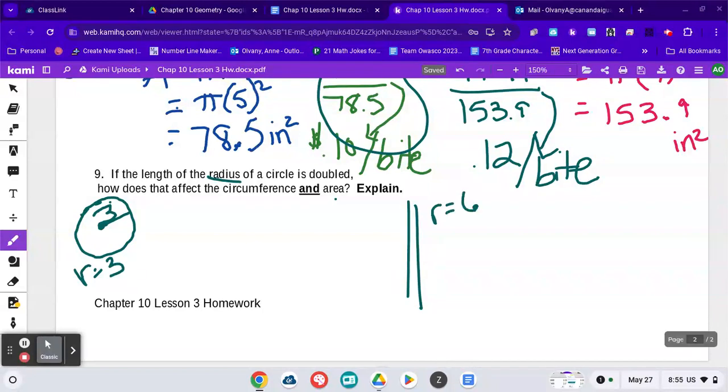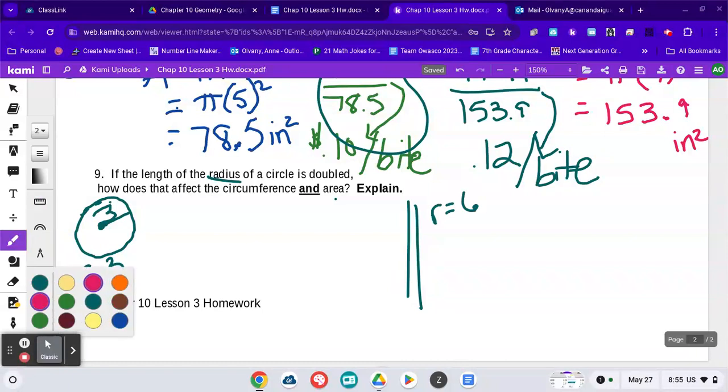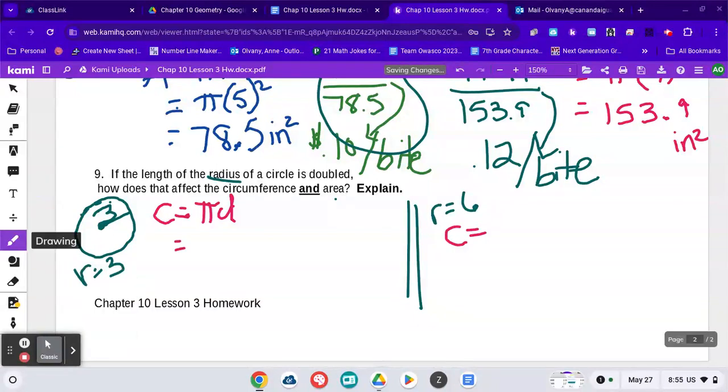All right. How does that affect the circumference? I am going to find the circumference of this circle and the circumference of this circle and see how they relate. If you remember, circumference equals pi d. And in this case, the diameter, since the radius is 3, the diameter is 6.